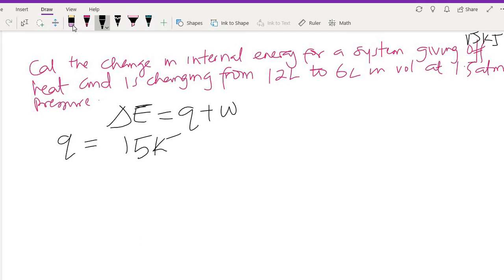Because heat is given off at 15 kilojoules, our Q is negative.